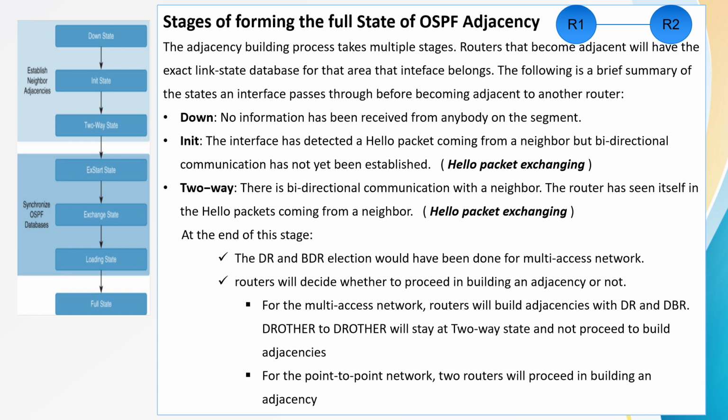Routers will decide whether to proceed in building adjacency or not. For the multi-access network, a router will build adjacency with the DR and BDR. DR other to DR other will stay at two-way state and not proceed to building adjacency. For the point-to-point network, the two routers will proceed to building adjacency.